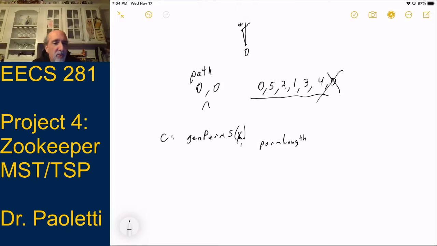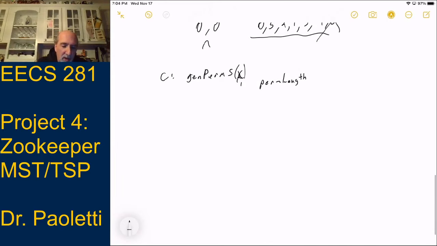The thing I mentioned of the current path length being a variable, that's sort of like a running total. Let's see, well, wait a minute, let's talk about calling genperms. So genperms, if perm length is the only parameter, what you've got to give it is a path.